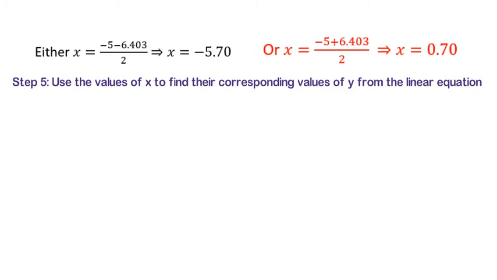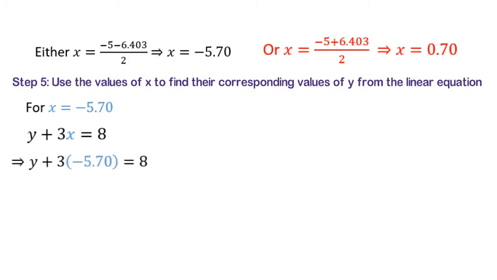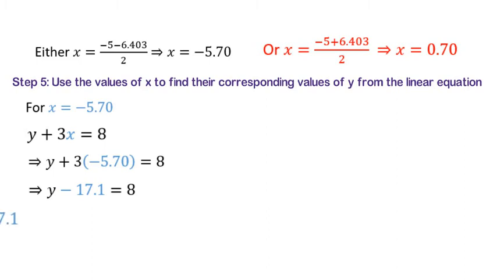So for x equal to −5.70, we have y + 3x = 8, which gives y + 3(−5.70) = 8, which implies that y − 17.1 = 8, which implies that y = 8 + 17.1, so y is equal to 25.1, to 3 significant figures.